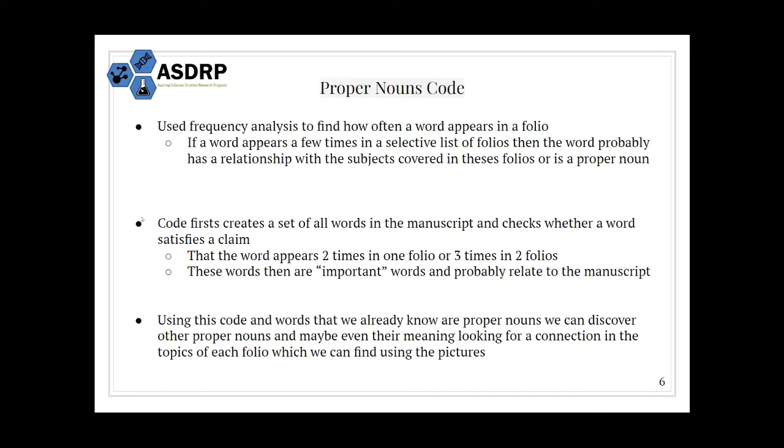So how the code works is you make a set of every word that appears in the manuscript. And then you create a second set which just contains the folios that it appears in, and then you just do a few if statements and put all of the results in a file.